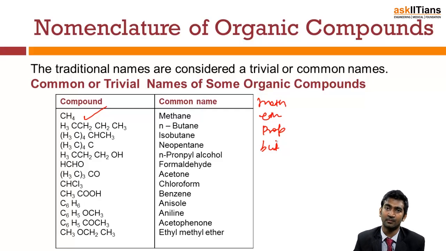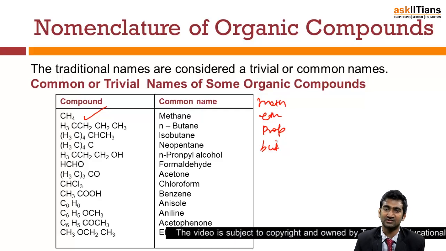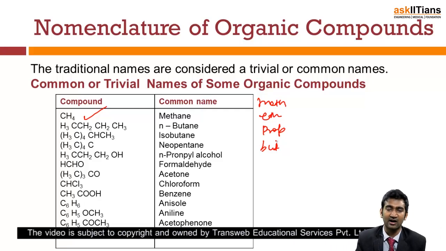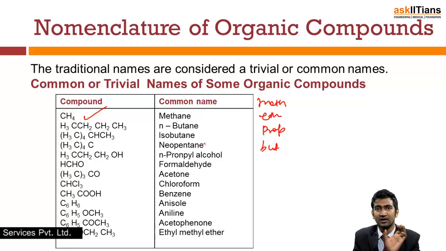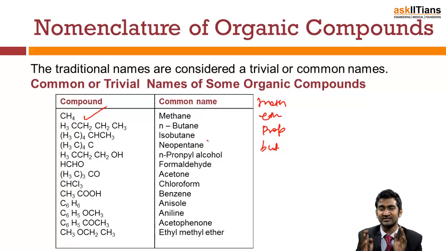Eth, meth, prop for 3 carbon atoms, but, pent, hex. So they are all the common names. What we will be doing is attaching something to this common name to tell the whole IUPAC name of that compound.